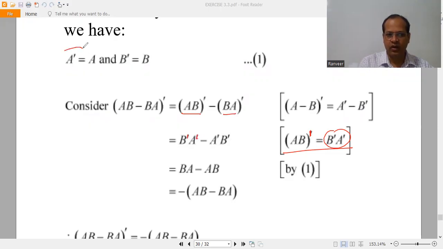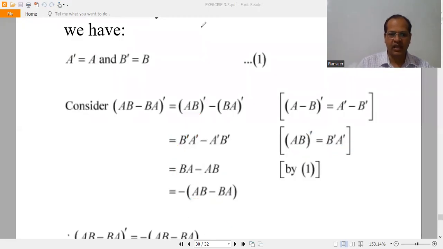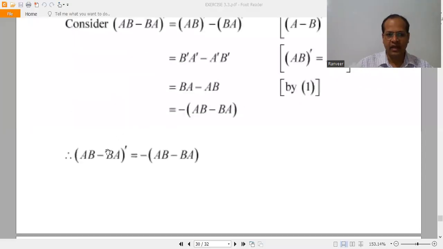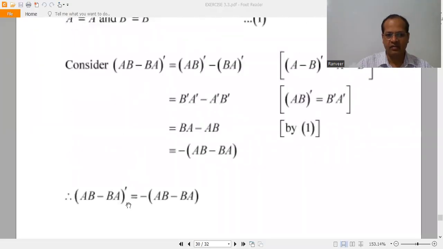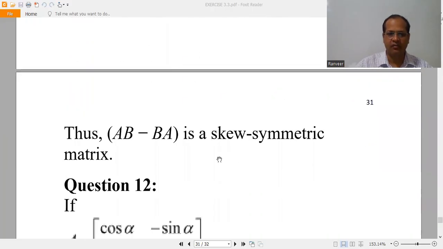Since A transpose equals A and B transpose equals B, we can write BA minus AB. After taking the minus sign out, this is equal to the negative of AB minus BA, so the transpose of AB minus BA equals minus of AB minus BA, and this represents a skew symmetric matrix.